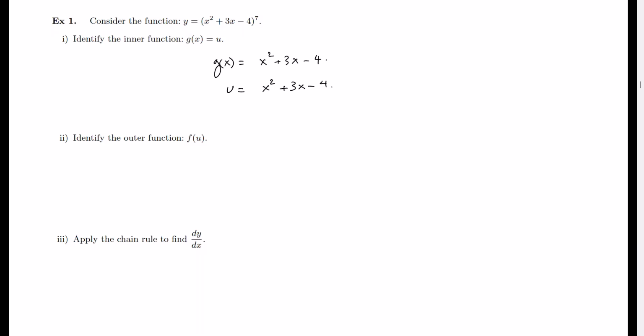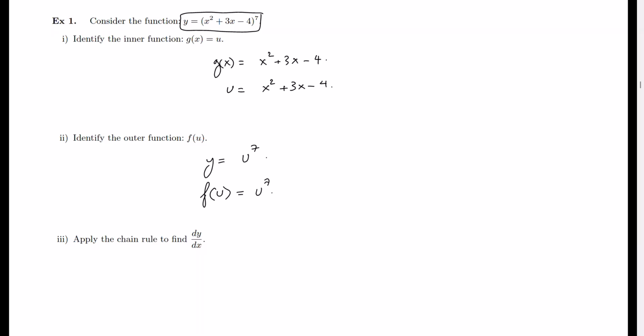We've already decided that x squared plus 3x minus 4 is called u, so the problem can be rewritten as u to the power of 7. In other terms, the outside function, which now depends on the variable u, so that's why we're calling it f of u, is u to the power of 7. So far, what we're doing is breaking down the original problem. We're identifying the inside part and the outside part.